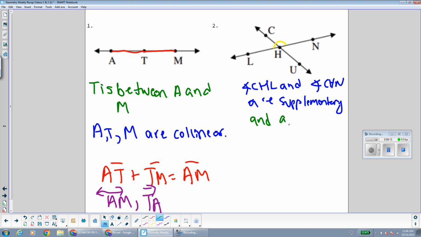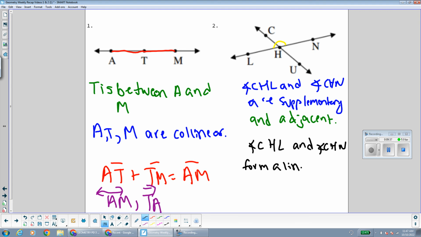If you were thinking adjacent, then you are absolutely correct. And remember, we have a special word for angles that are both supplementary and adjacent. We say that they form a linear pair. So I'm going to write that here. Angle CHL and angle CHN form a linear pair.